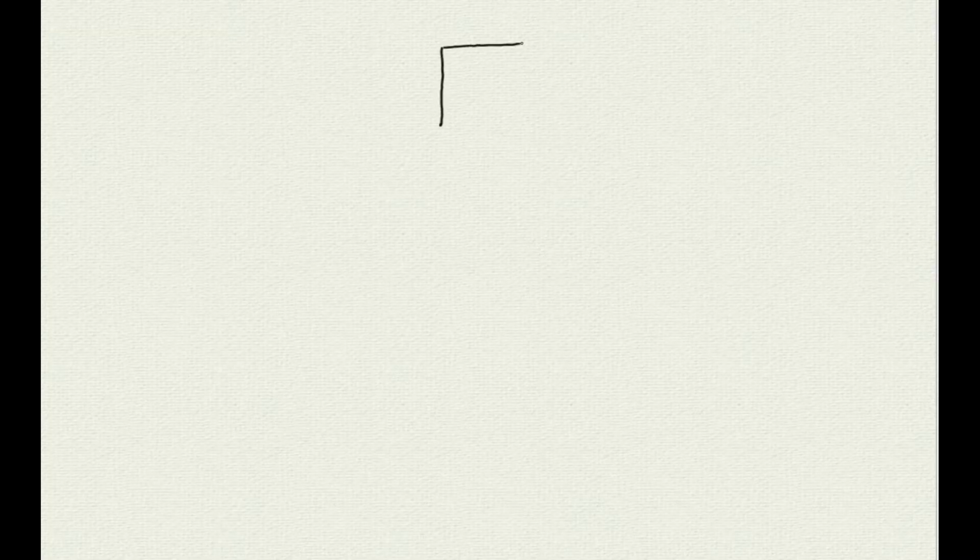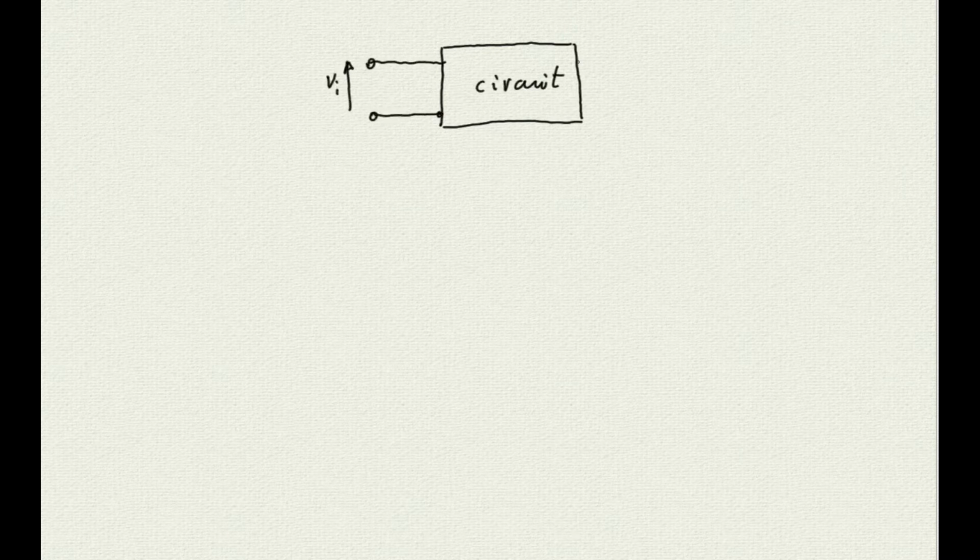Let's talk about a circuit as a black box. It will have an input, to which we apply a signal Vi, and it will have an output, from which we will take the signal Vo. This circuit can be made of a mix of any passive components: resistors, capacitors, and inductors.